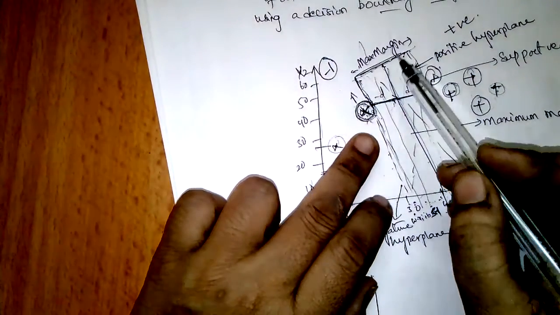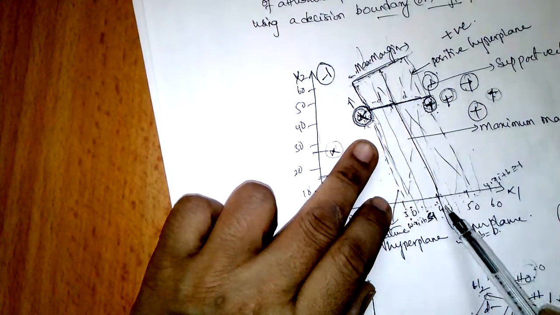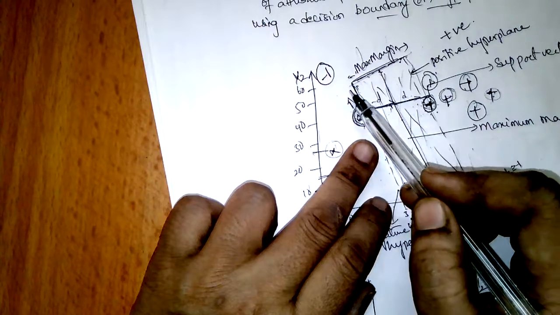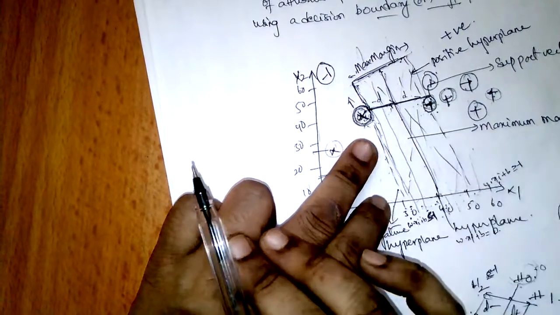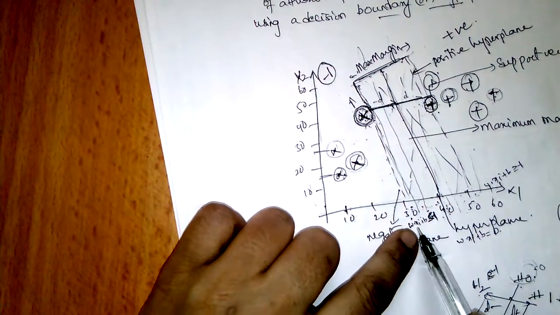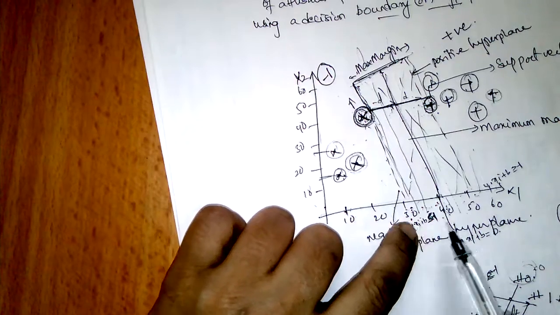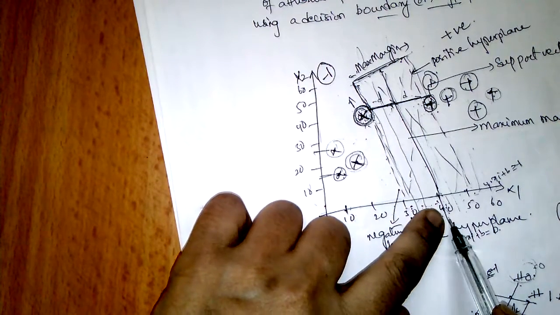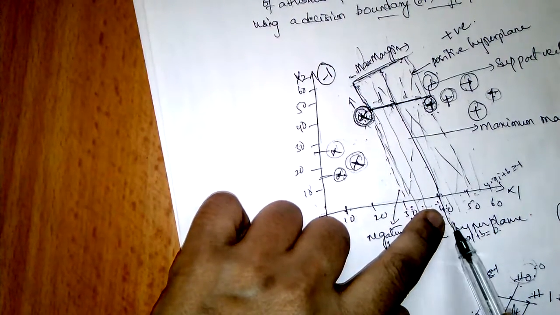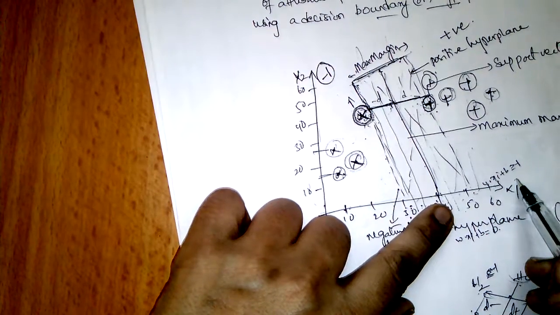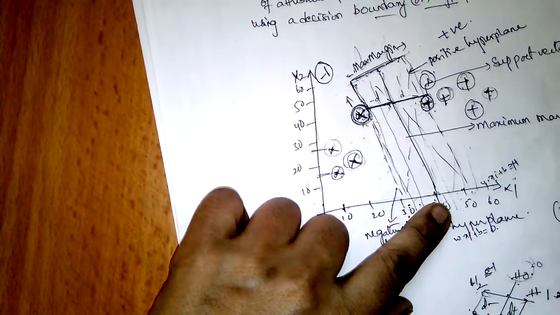So this is called the median, this is the positive hyperplane, and this is the negative hyperplane. The negative hyperplane is less than or equal to -1, the median or optimal hyperplane is equal to 0, and the positive is greater than or equal to +1.